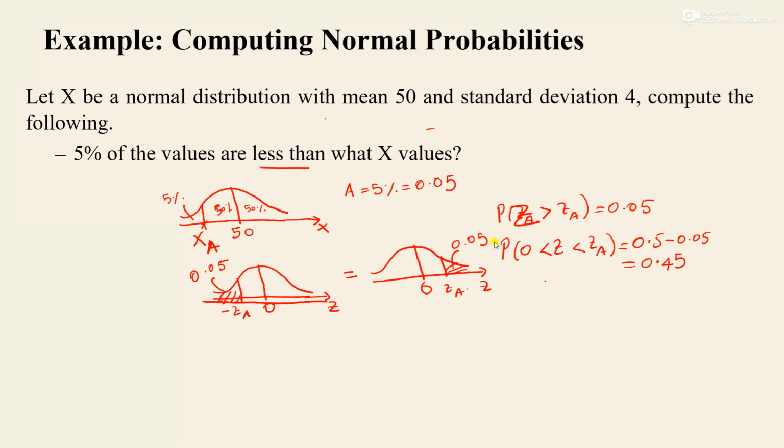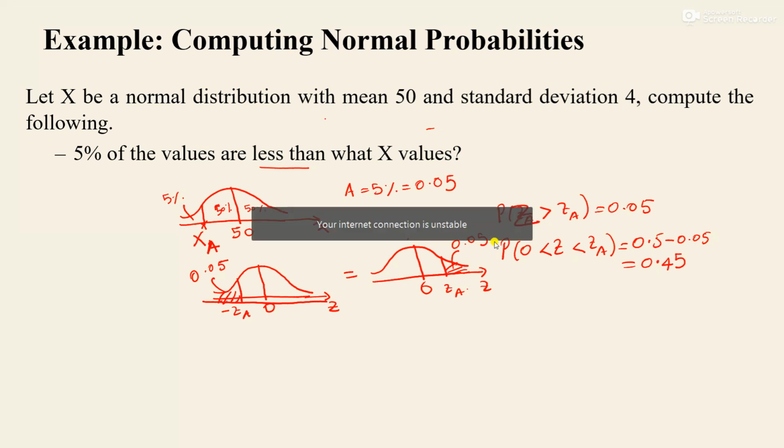Right? Now you take the table. We have to search where 0.45 is located, that means which row and which column intersect at that point. Can you find where 0.45 is in your table?